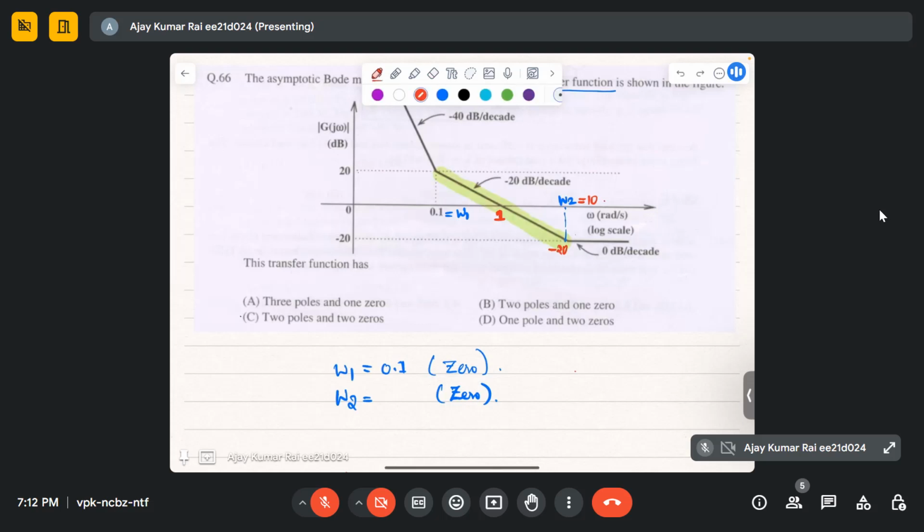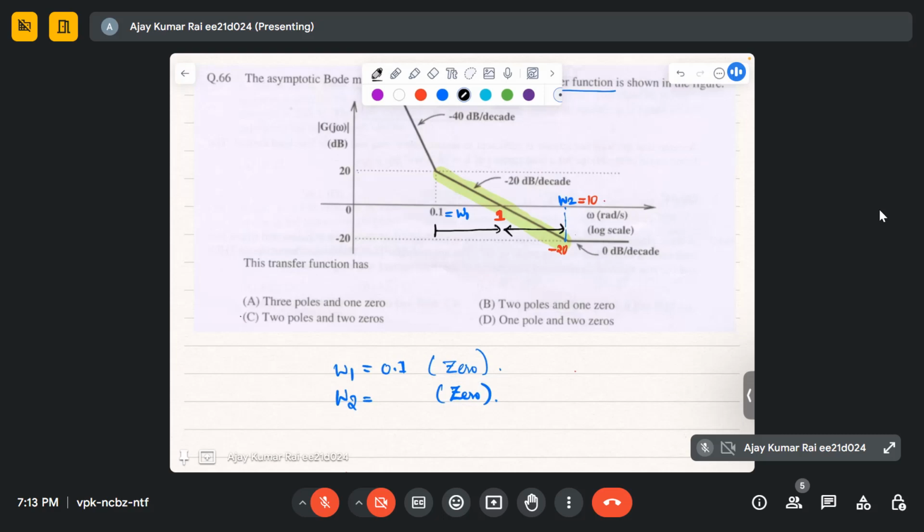Am I clear? Are you clear? We know the slope is minus 20 dB per decade. From 0.1 to 1 is one decade, and this is another decade. In one decade the magnitude decreases by 20 dB, so at omega equal to 1 we have 0 dB, down from 20 dB.